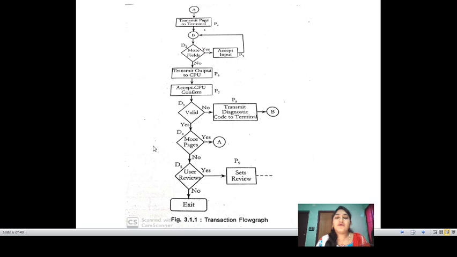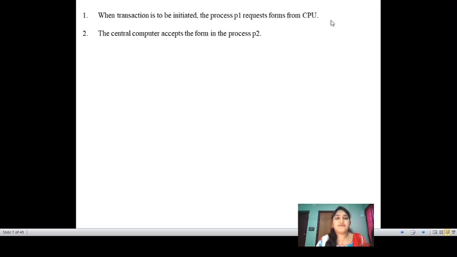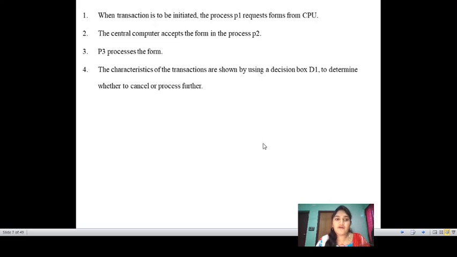Next, this graph is explained in points. When a transaction is to be initiated, process P1 requests from the CPU. Then the central computer accepts the form in process P2, and P3 processes those forms accepted from process 2. The characteristics of the transactions are shown using a decision box D1 to determine whether to cancel or process further.